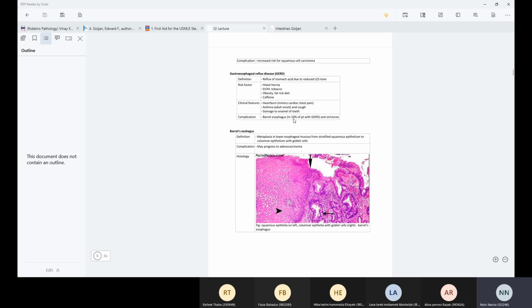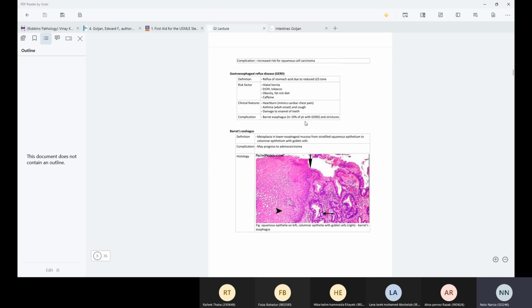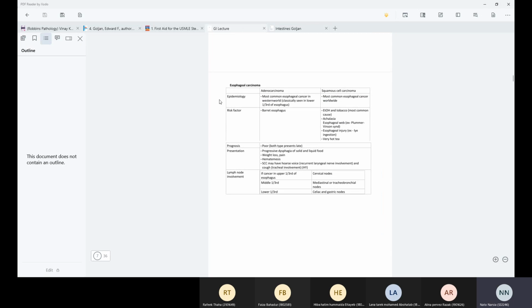GERD here in Robbins is not covered, but in Goljan, you will see these risk factors are very well explained. And Barrett esophagus, you know already, and carcinoma. Guys, don't make a mistake here, please, that we have adenocarcinoma and squamous cell carcinoma, and you need to make a differential diagnosis between them.